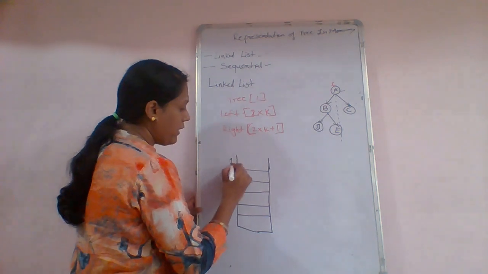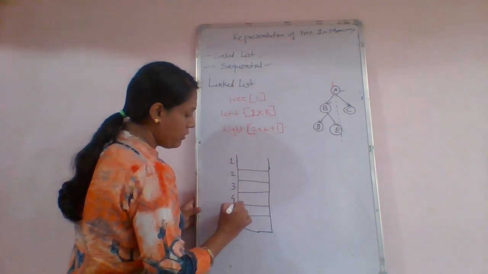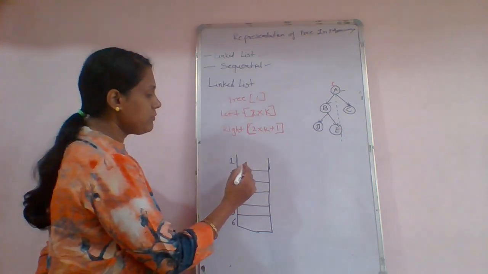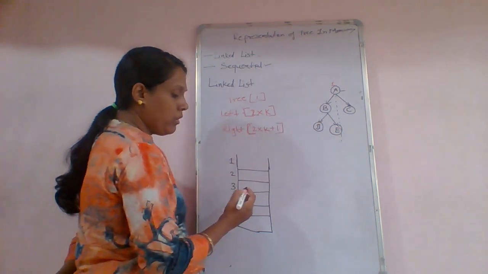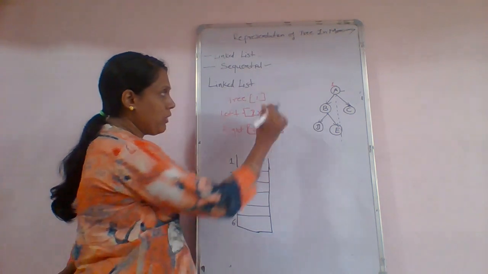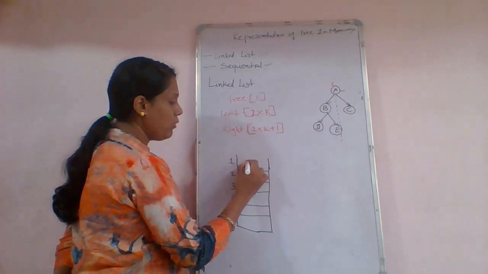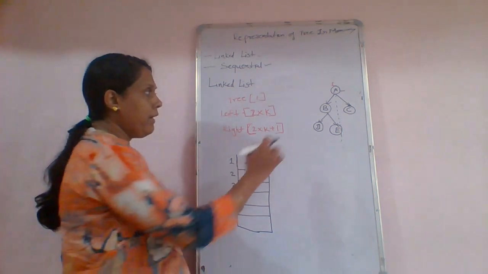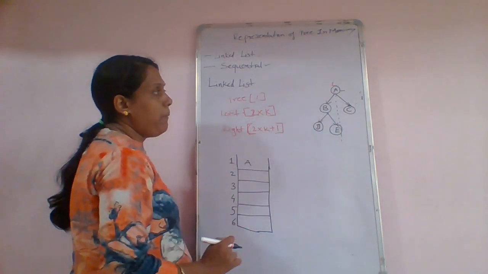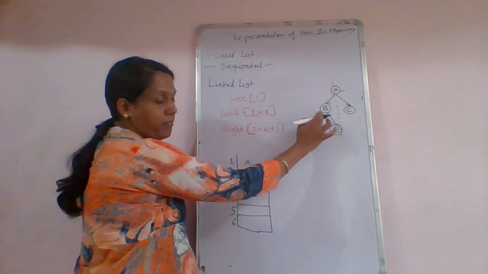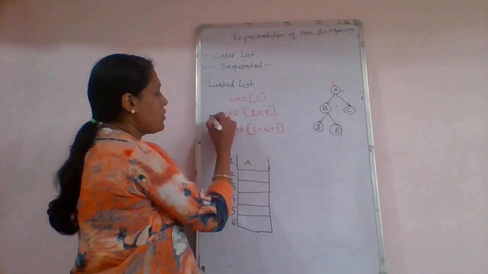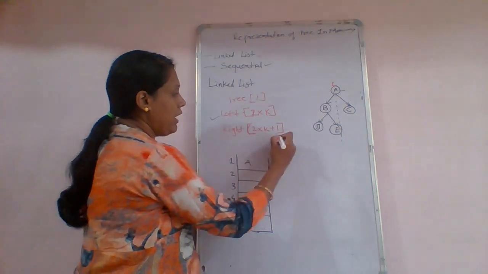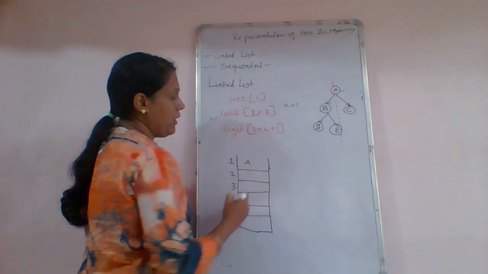Okay, so we are giving numbers, suppose 1, 2, 3, 4, 5, 6. Now A. Our root is at the kth location, first. So A is written over here. Now B is located at the left side of the A. That is the left subtree. So what is the formula we have to follow? That is 2 into K. K is equal to 1.